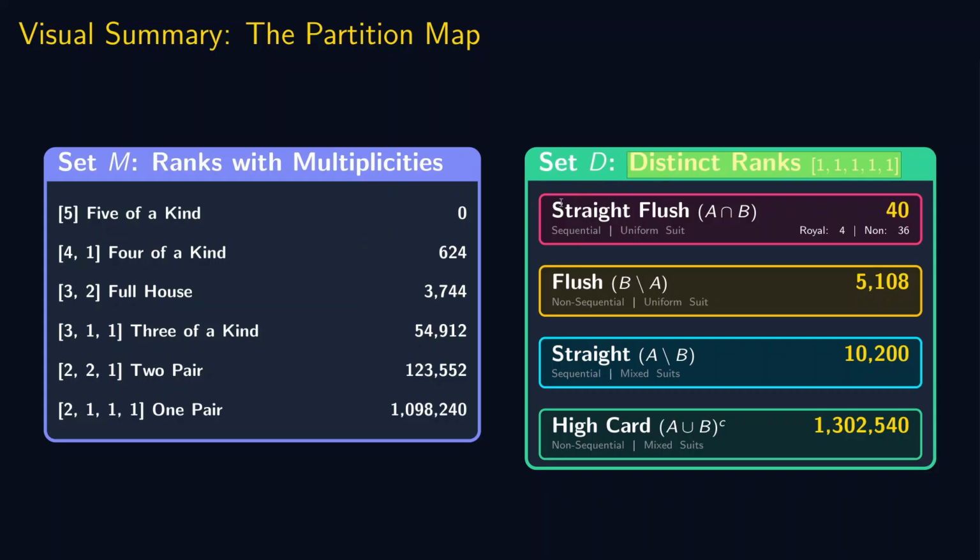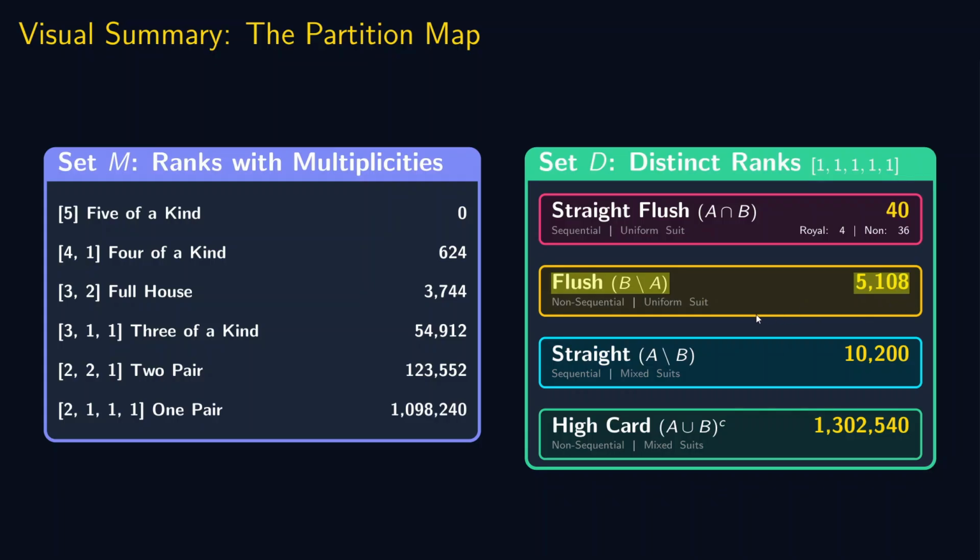Where both conditions are met, sequential columns and uniform row, we have straight flush. This breaks into royal flush with exactly 4 hands and non-royal straight flush with exactly 36 hands. Together, the straight flush total is 40. Where only the suit condition is met, non-sequential columns, uniform row, we have flush. The total is 5,108.